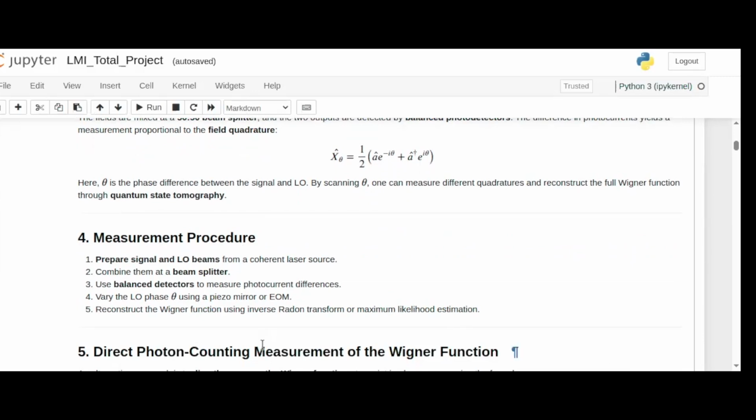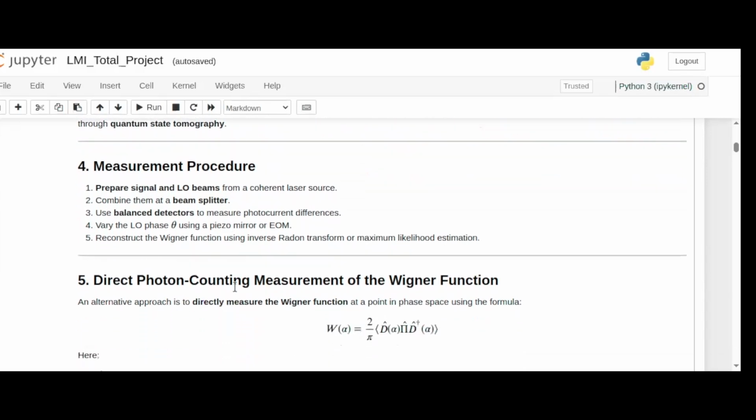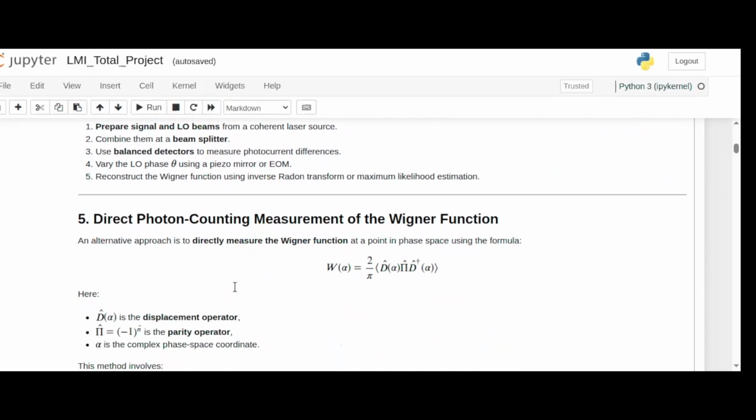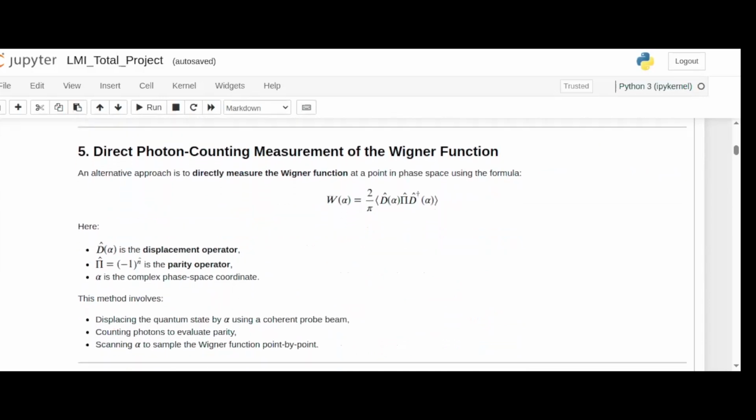This is the difference between the homodyne technique and the direct technique, because doing this inverse transform is a laborious process and it requires computational time. So what is the best way to reconstruct the Wigner function through photon counting?